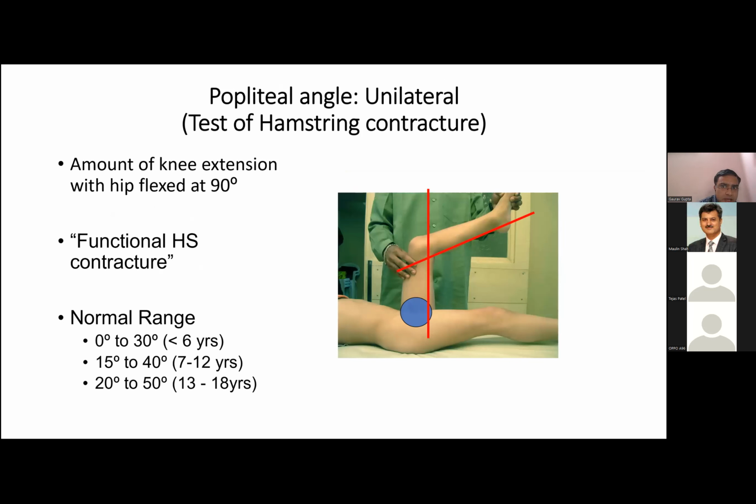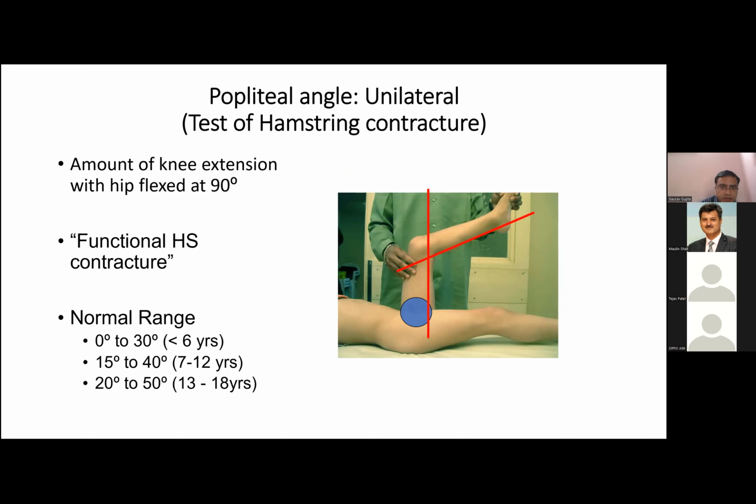Then to assess the hamstring contracture, we check the popliteal angle, where we make the child lie supine. We extend the hip and the knee of the contralateral side, and we flex the hip and the knee of the same side. Then we try to extend the knee, and we measure the angle from the vertical.